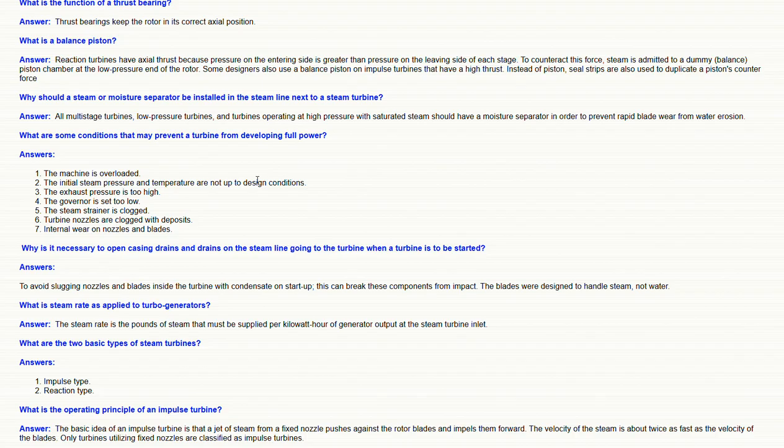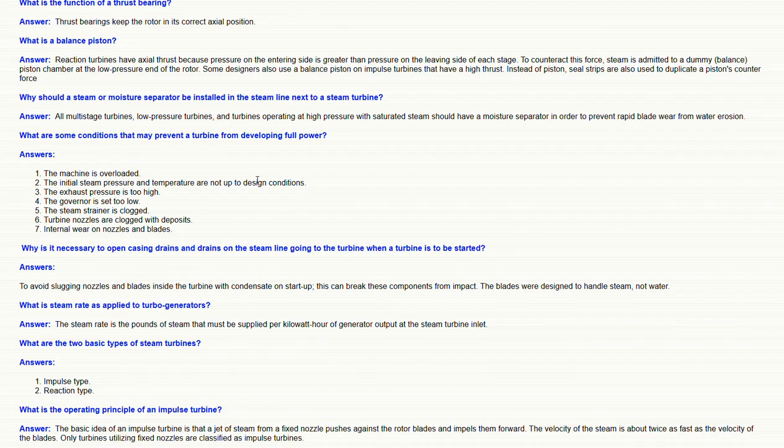We are not letting it go through the exhaust section area. We have to make negative pressure at the bottom, so we can convert all the thermal energy into mechanical energy. Okay, next one is steam governor is set too low, steam strainer is clogged. Nozzle passages are clogged with deposits. That's fine. All of these are internal wear on the nozzle and blade.